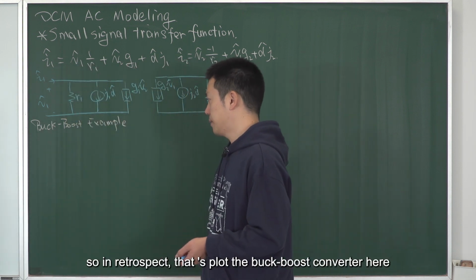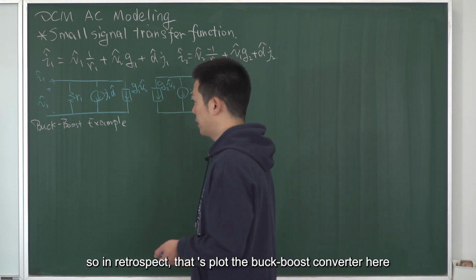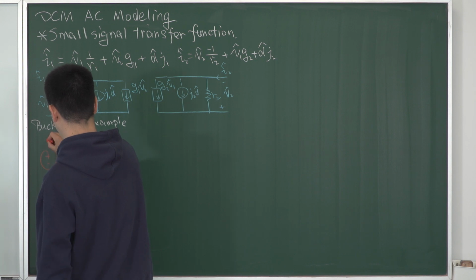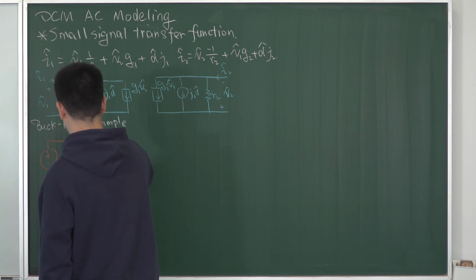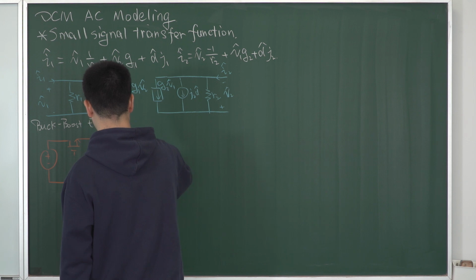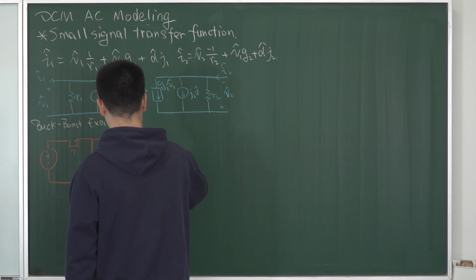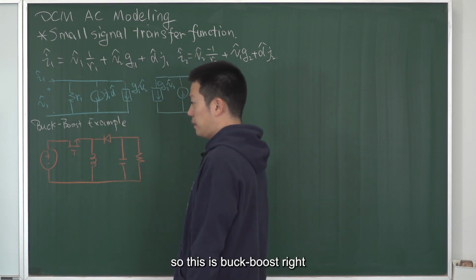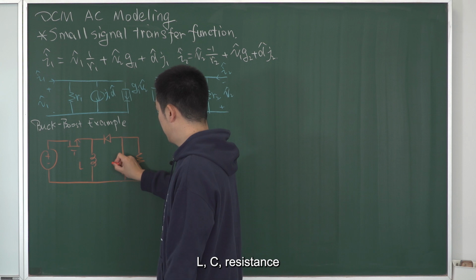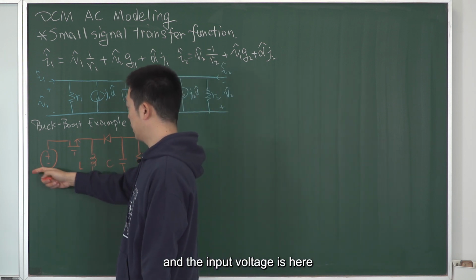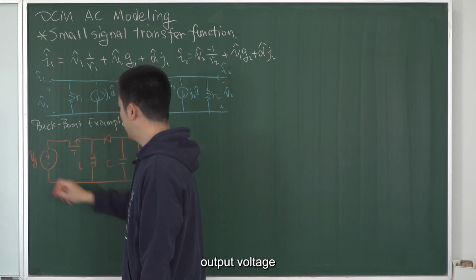So in retrospect, let's plot the buck boost converter here. So this is the buck boost, right? L, C, resistance, and the input voltage is here. Output voltage.